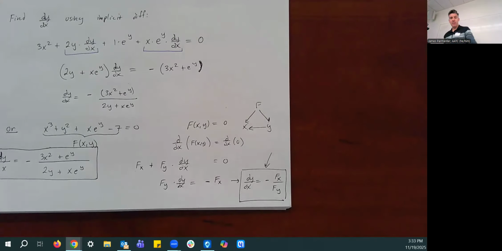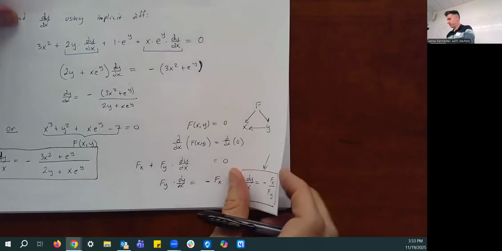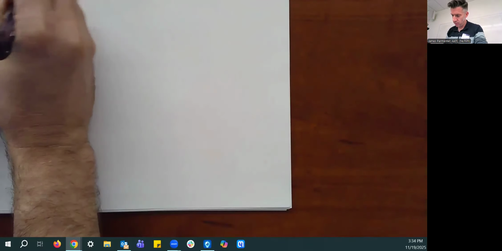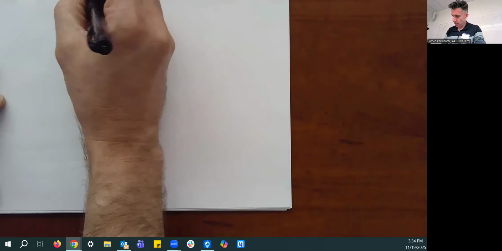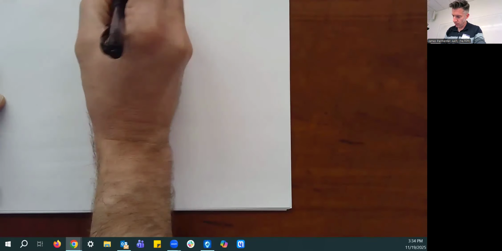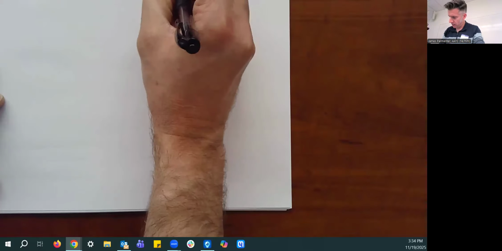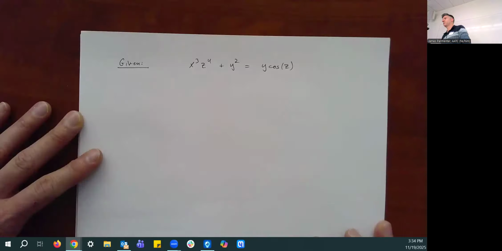So for example, given something like x cubed z to the fourth plus y squared equal to y cosine of z. Sorry, you can't see that at all.